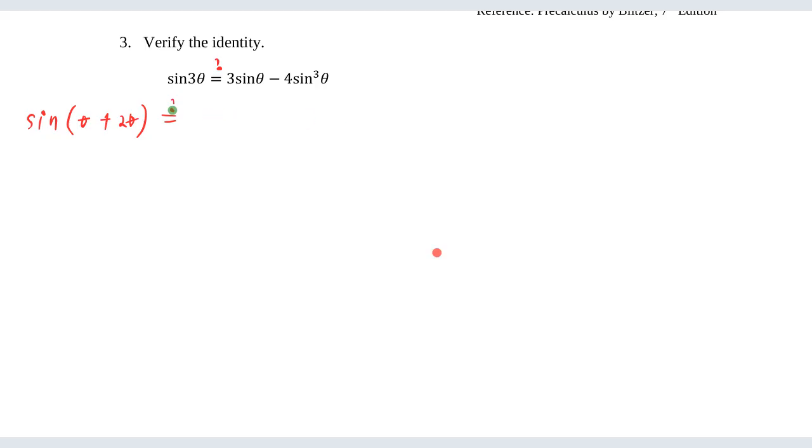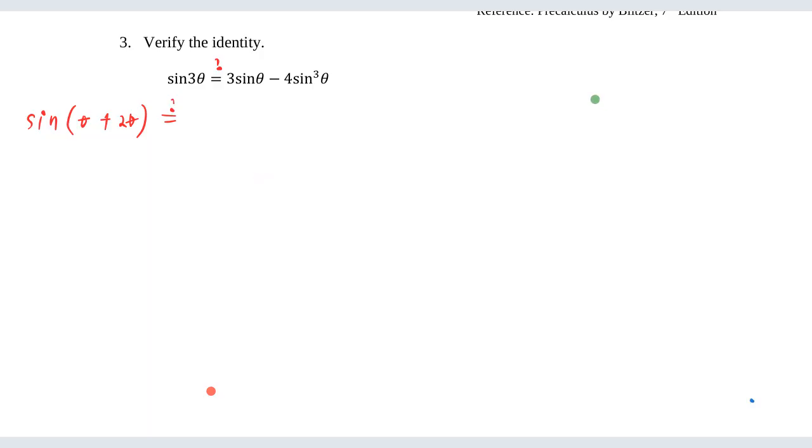Next, since I have two angles here, I am going to apply the sum of sine function from the previous section, section 5.2. Let me write the formula first. So you know where I got it.